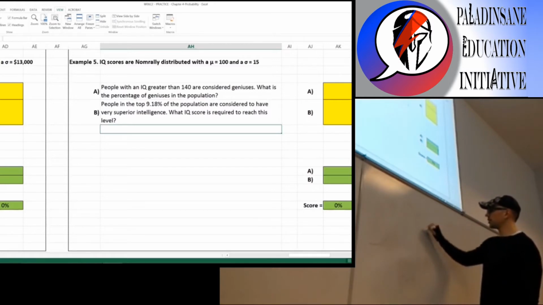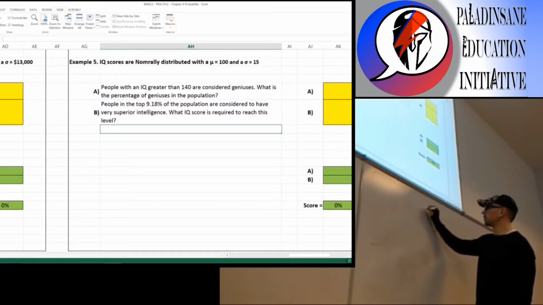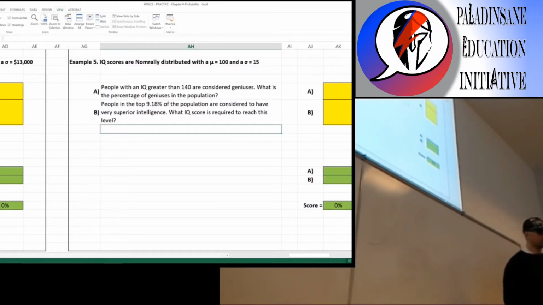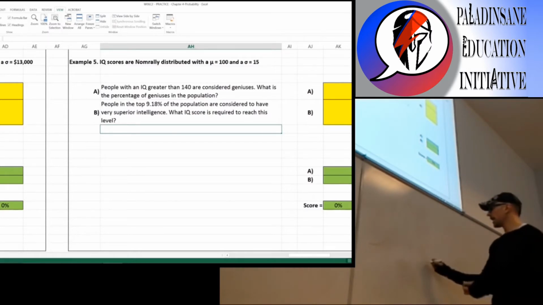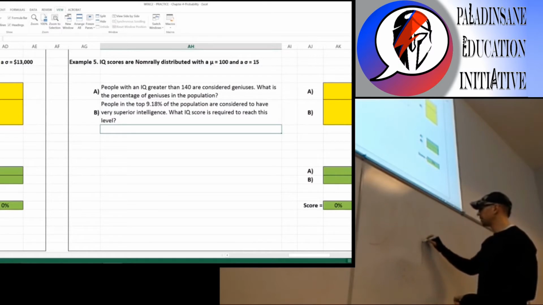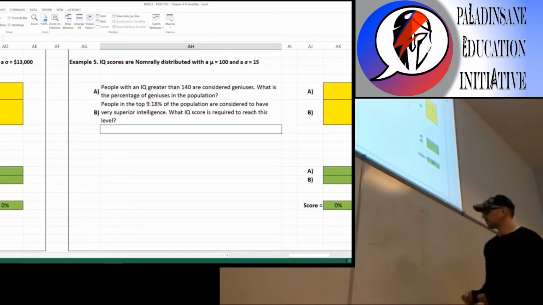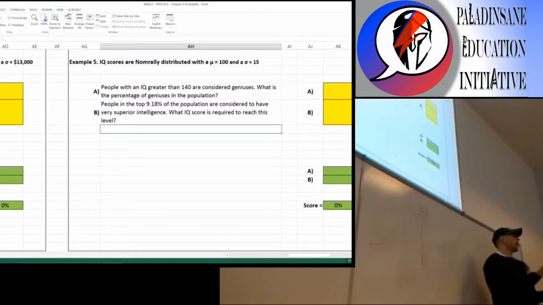Let's just say that this line right here is where 140 is. You don't have to be exact about this. You just need the visual. Is that actually 140? Probably not, but all we need is the fact that we have the right type of curve.